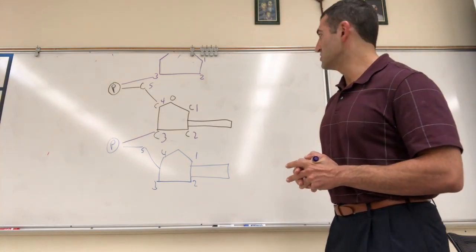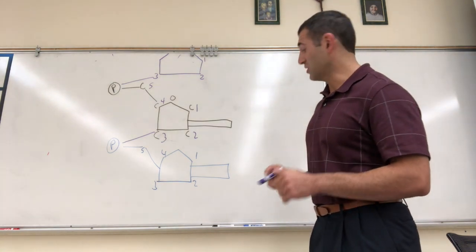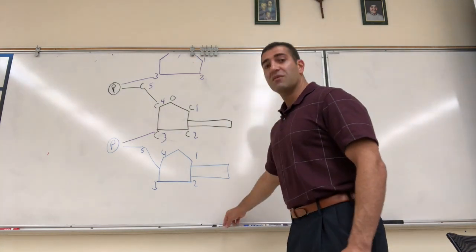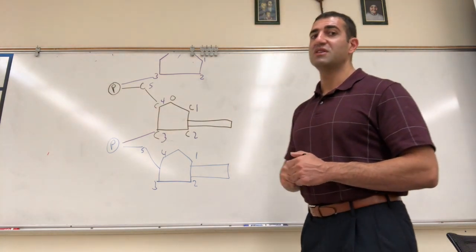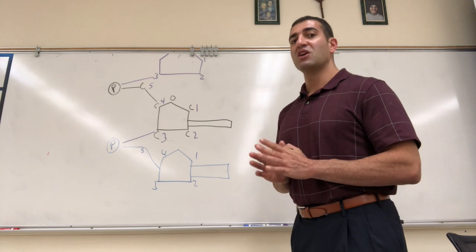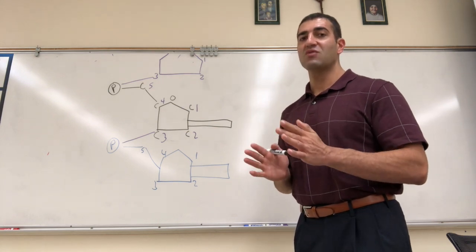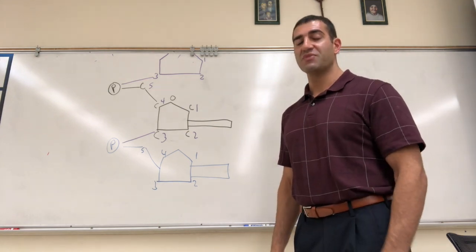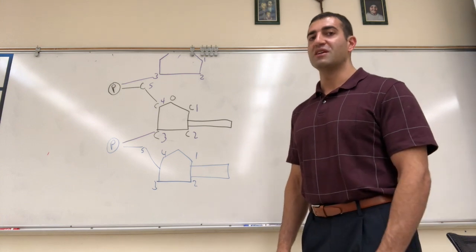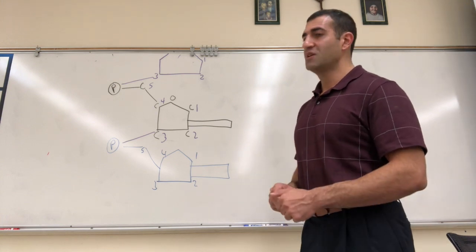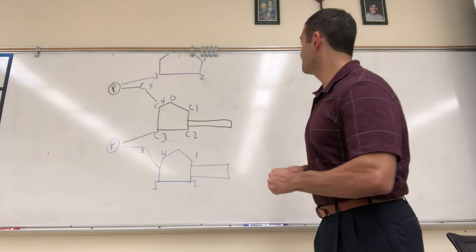And if we're going to look at this briefly, I don't want to go into it too much again, but the other strand is going to be called anti-parallel. We know that parallel means side by side, and anti means against. Similar to what I told you about DNA and RNA. So it's going to look like this.